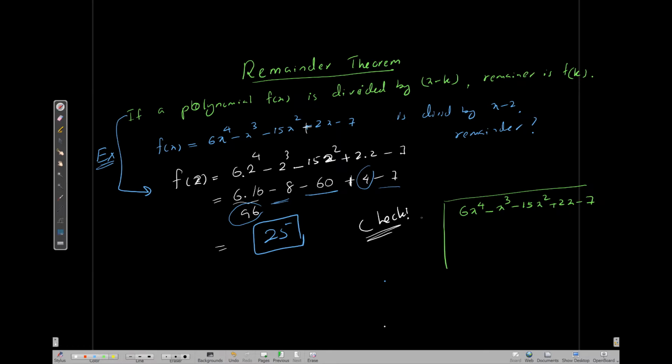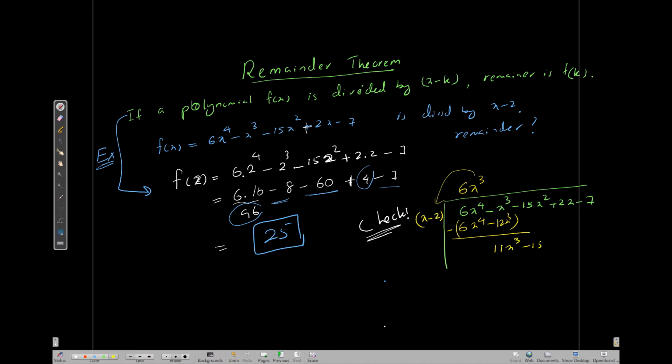So x minus 2, you put it here. I need 6x cubed. So I get 6x to the fourth, and when I multiply this by this, I get minus 12x cubed. Subtract, I get here minus x cubed minus minus 12, so 11, because it's plus 12.